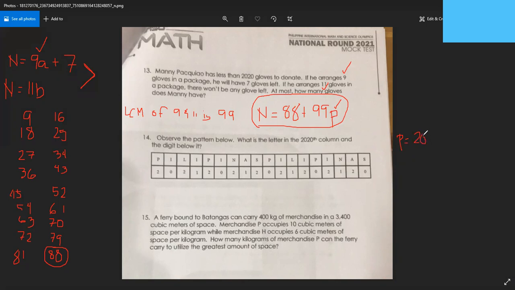What will be the value of N now? 1980 plus 88, and that is 2068.